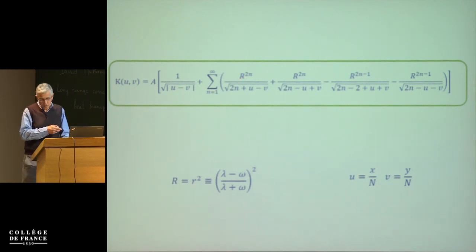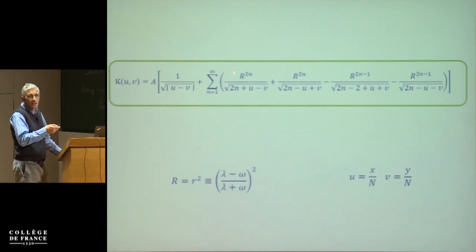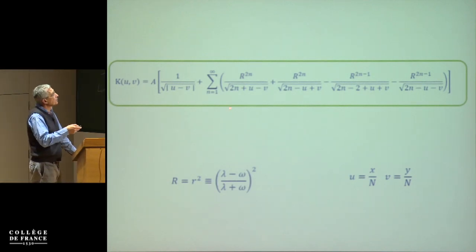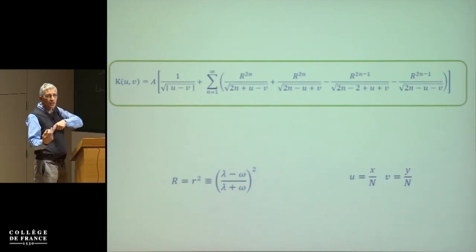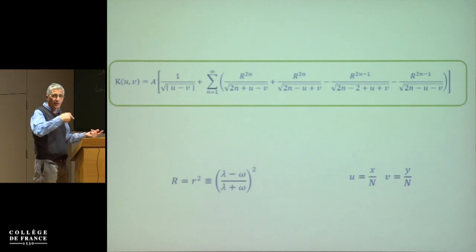So it looks like a horrible expression, but actually it's very simple. This is the sum. U and V are just x over n, just rescaled x and y. Capital R is just small r squared, the reflection coefficient squared. This has to do with the correlations that come from the reflected waves that come back and forth from the two ends.